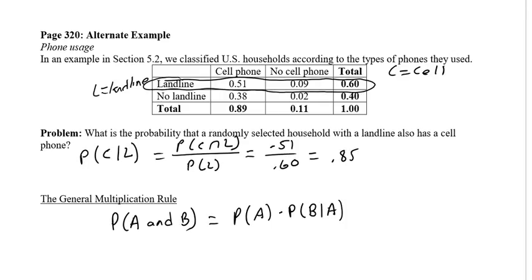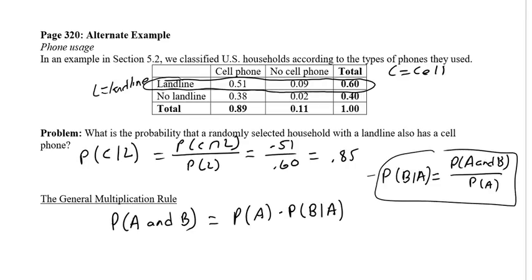If you think about the one we had, the probability of B given A is the probability of A and B divided by the probability of A. All they did here was take this and transform it a little bit: they multiplied both sides by the probability of A.